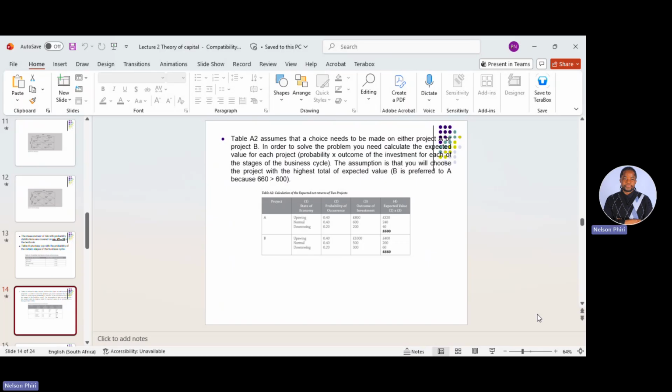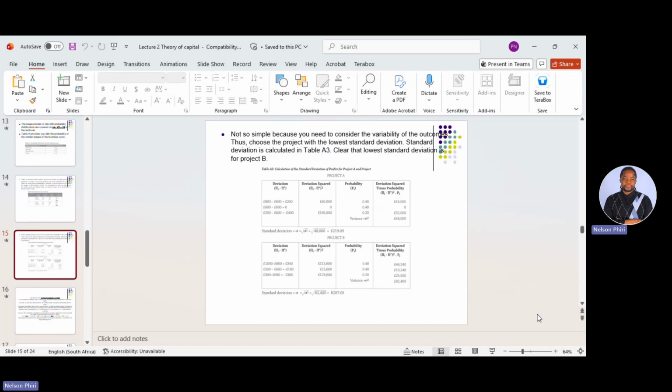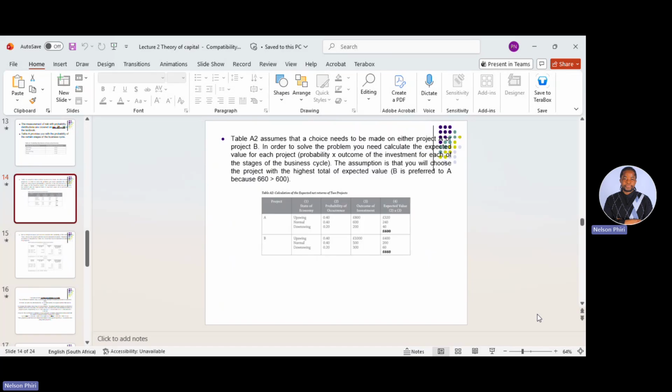The next step will be to compute your standard deviation, which is a measure of risk. So how do you get your standard deviation? It is the profit minus the expected return that we calculated. In the previous slide, we calculated the expected return for A to be 600.